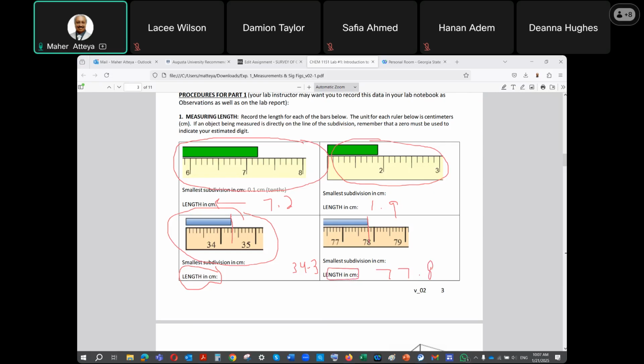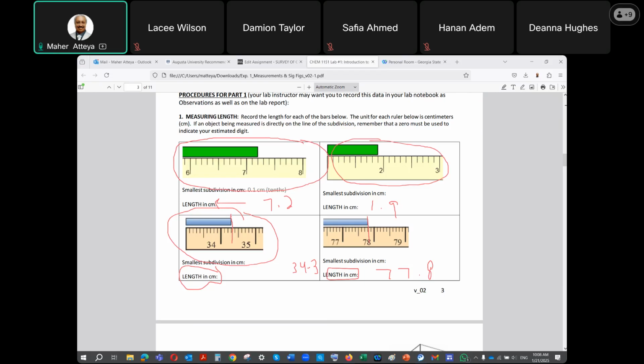So that's the first exercise you do. And you record this as your data in your data section. We'll come back and look at how to write the lab report. So that's the first exercise.